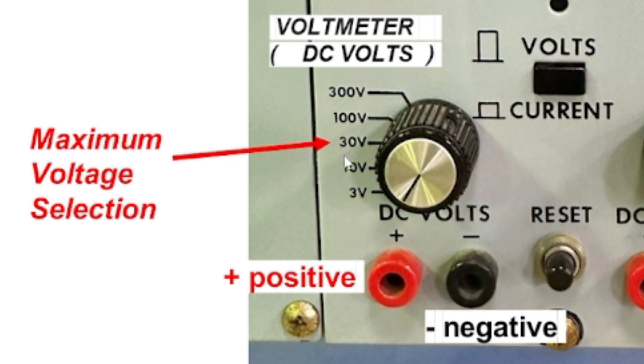Therefore, if you are in the 30 volts selection, then you can only measure up to a limit of 30 volts. Right now, you will see here a line pointed to 3 volts. Therefore, we can only measure up to 3 volts. If you put it to 300 V, you can measure up to 300 volts.